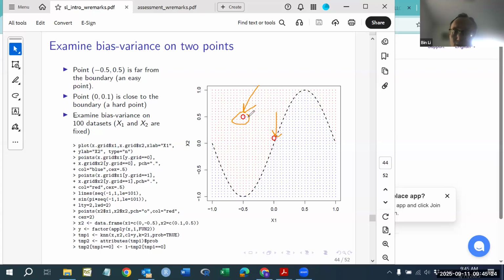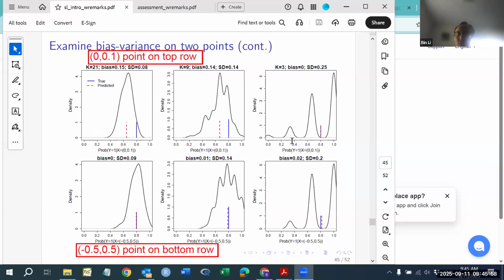The coordinates for the difficult point are 0 for x1 and 0.1 for x2, and for the easy point they are negative 0.5 for x1 and 0.5 for x2. Now let's see the bias-variance trade-off.